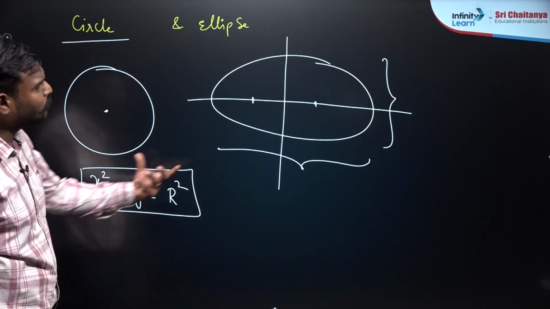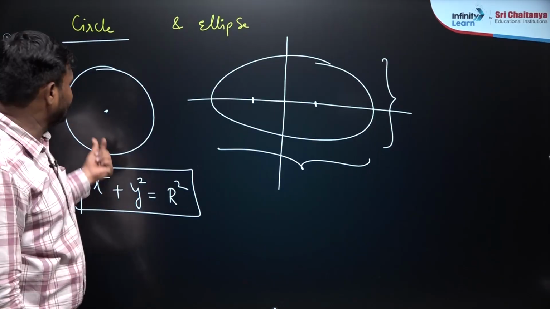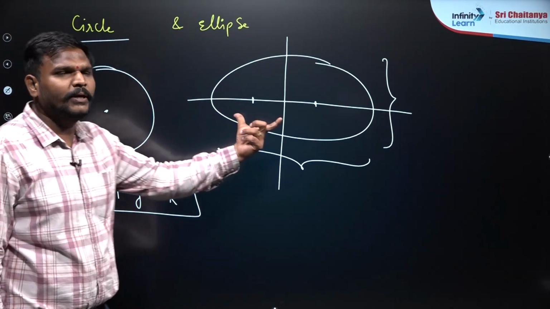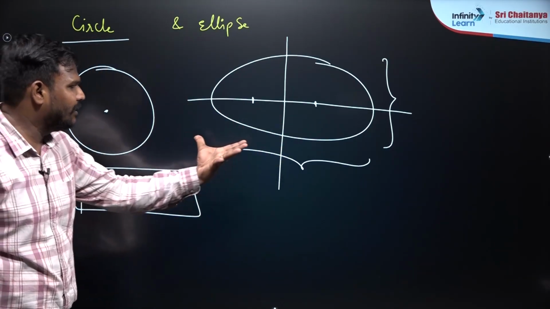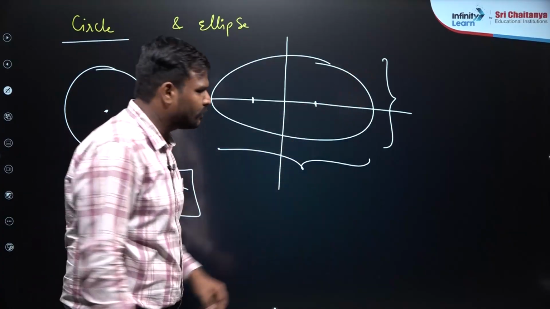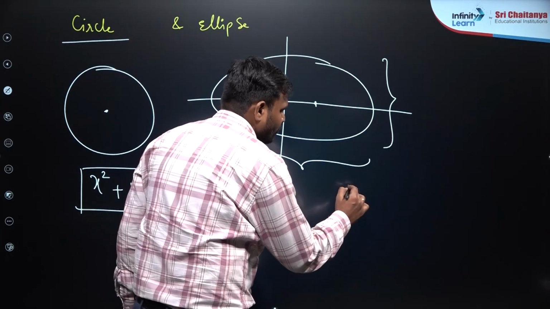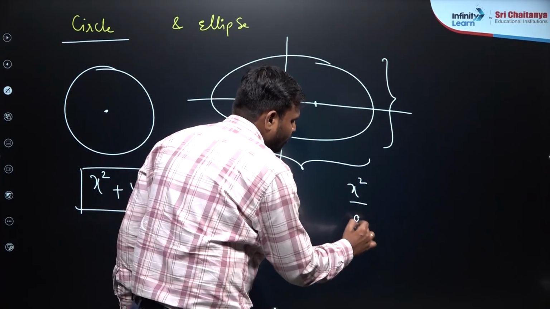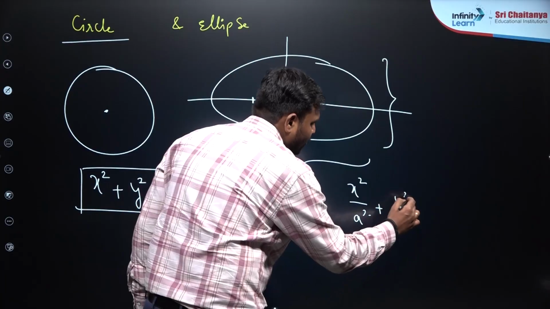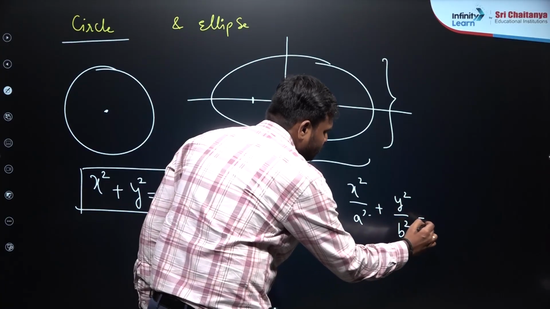So it is similar to circle only, but instead of one center there will be two focus, and instead of one diameter there will be two diameters. So the equation would be x square by a square plus y square by b square is equal to 1.